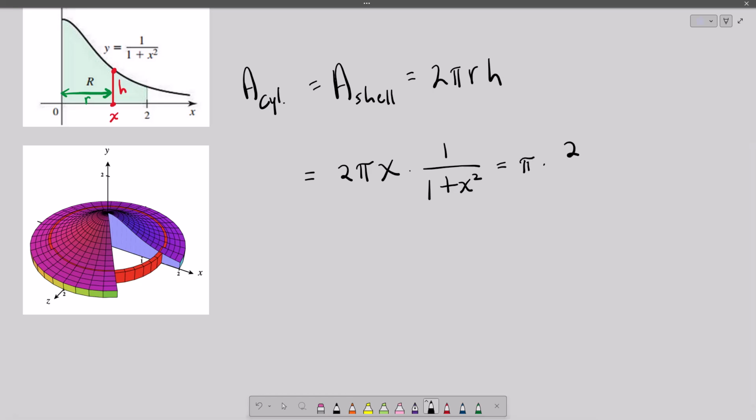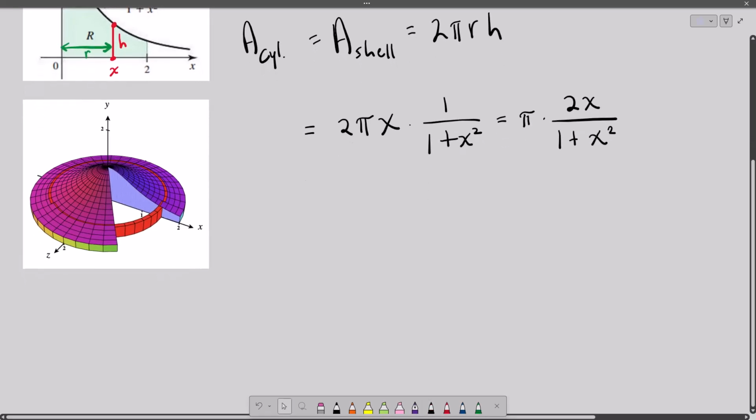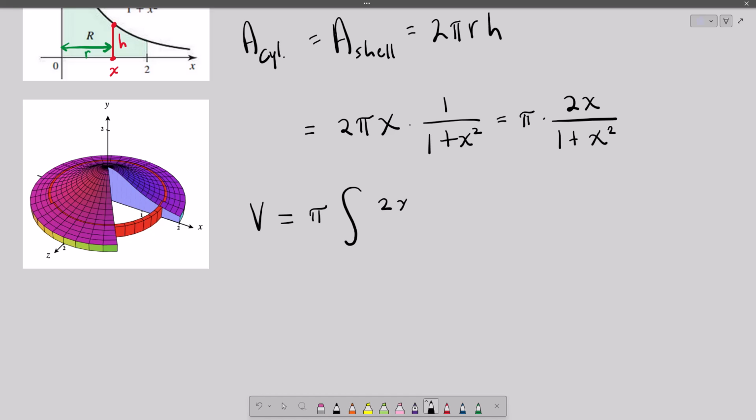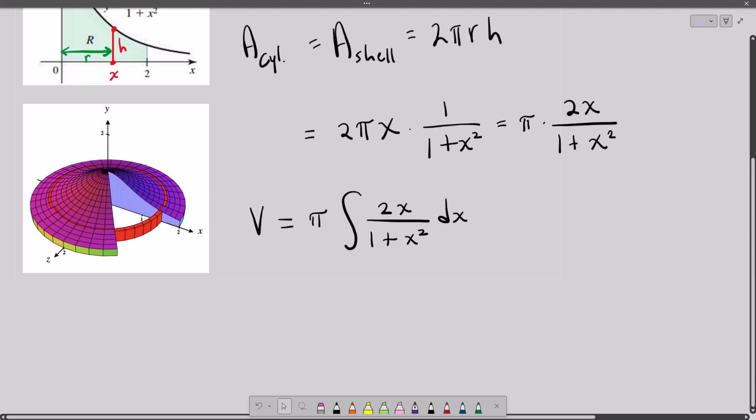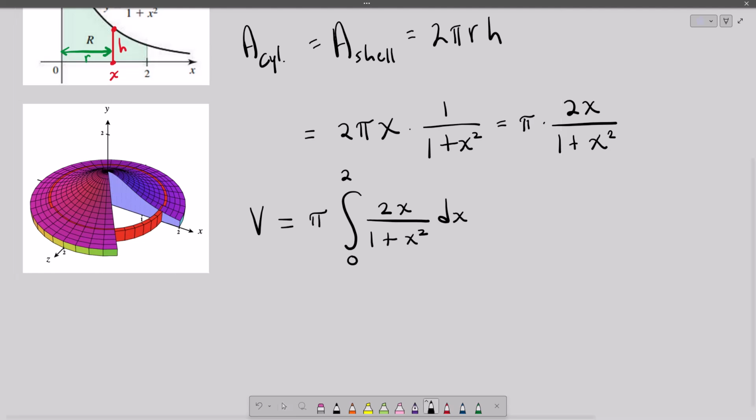I'm going to write it this way, and I'll tell you why in just a second: why I'm putting that 2 in the numerator. Volume is the integral of area, and we were told that we're going from 0 to 2 on the x-axis. So this is our integral that represents volume. That is the volume of that solid object.